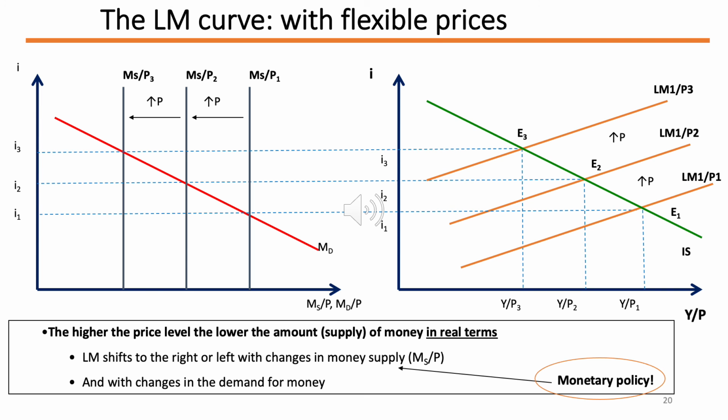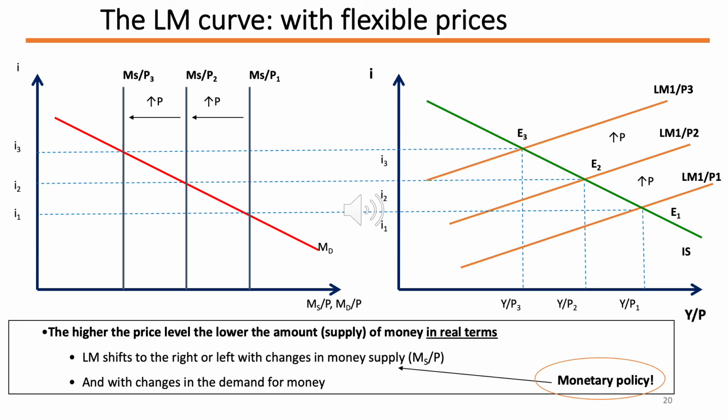It hasn't changed. The total amount of money in the market is the same, but is divided by a higher price level, meaning that the purchasing power of money is lower than before. So in real terms, we are not in the first equilibrium anymore, but the supply of money in real terms has shifted to the left. There is less money in real terms.